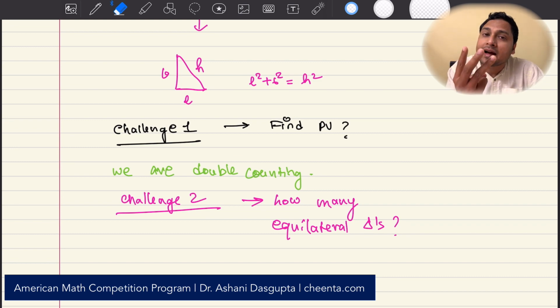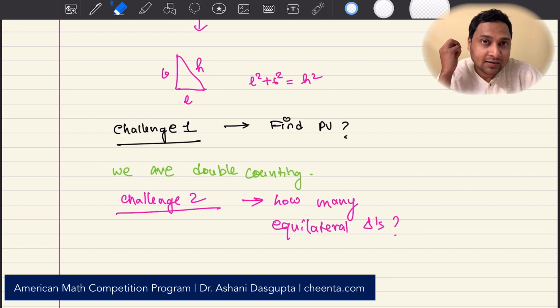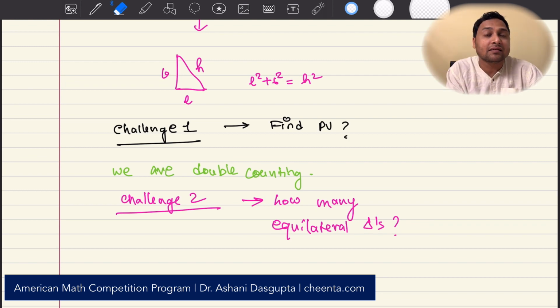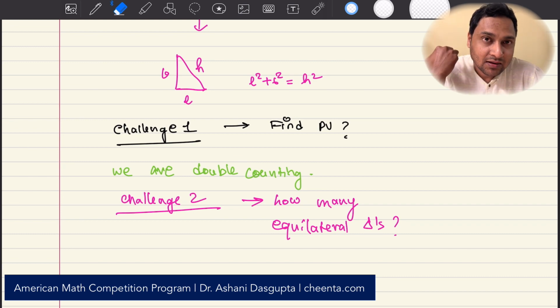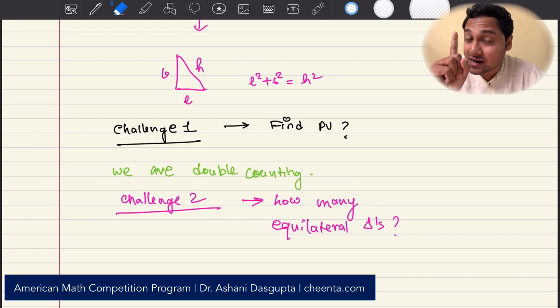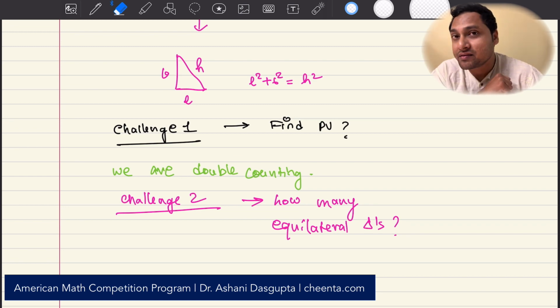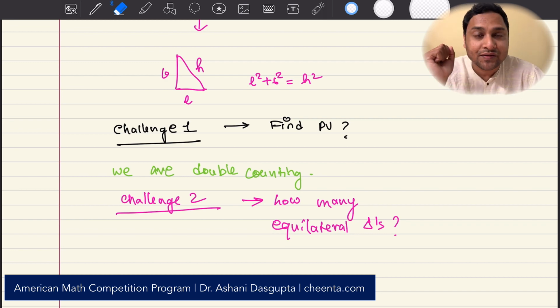There are 3 square diagonals coming out of P. But when we are counting the 2 equilateral triangles, we are actually double counting. So think about it and tell me in the comments section how many equilateral triangles are there coming out of the point P.